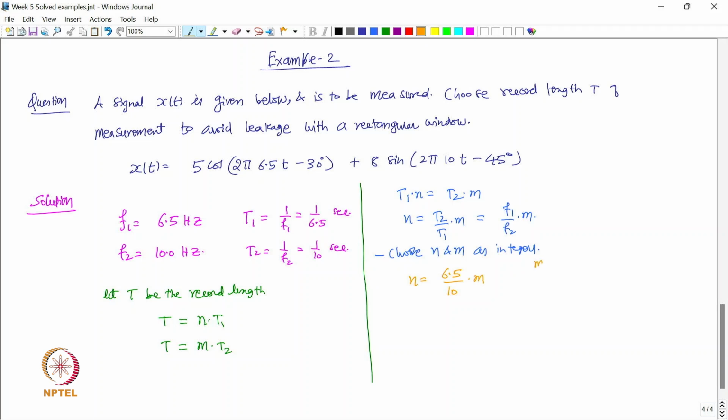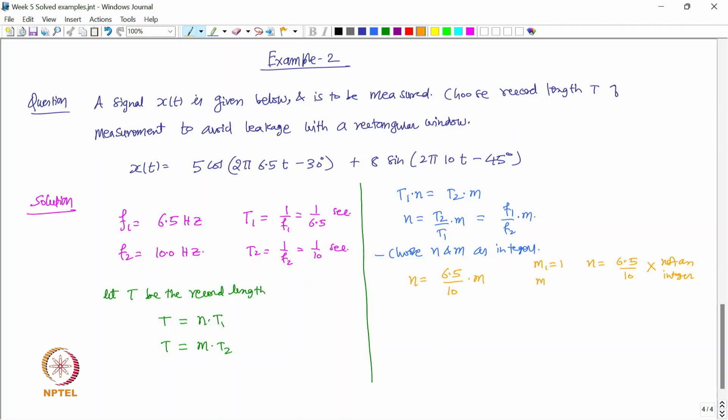If I take m equal to 1, which is the lowest non-zero integer I can choose, then n is equal to 6.5 by 10. Now, this is not an integer, so this value is something I cannot choose.